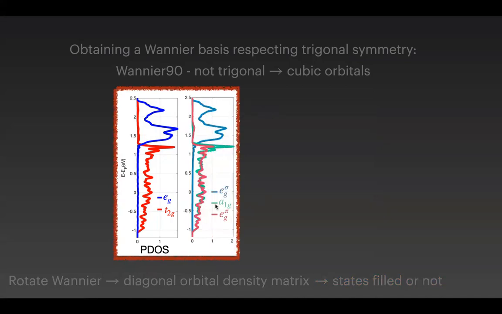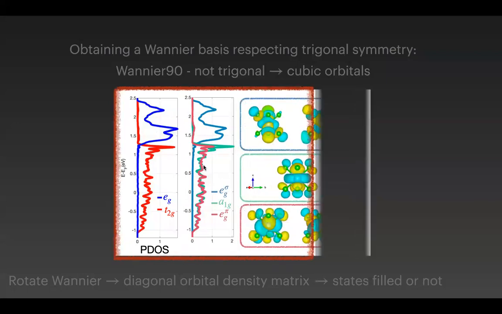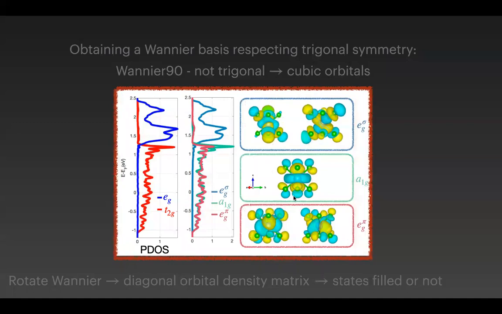So you get basically this. So the upper EG states are left alone, but the T2Gs, which are degenerate, are split into this A1G and EG. And the orbitals we get, they do have the symmetry we expect. And this A1G orbital is always basically the first thing that strikes you about the symmetry of these orbitals.